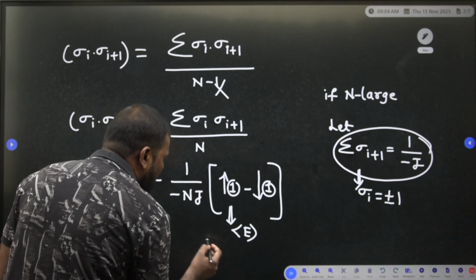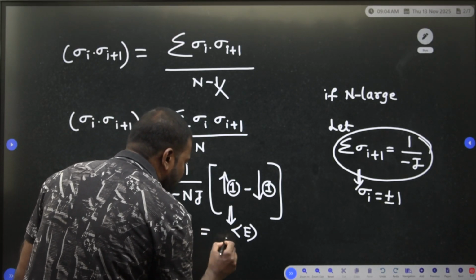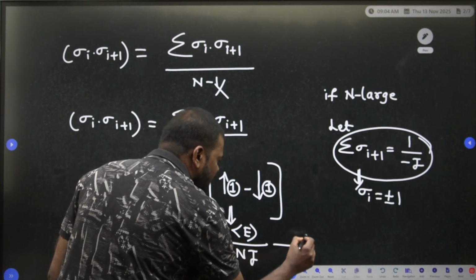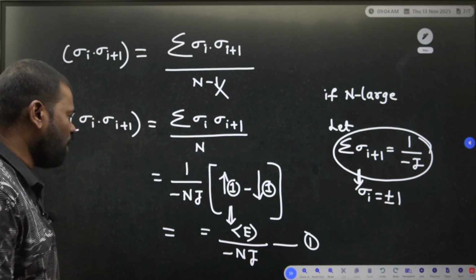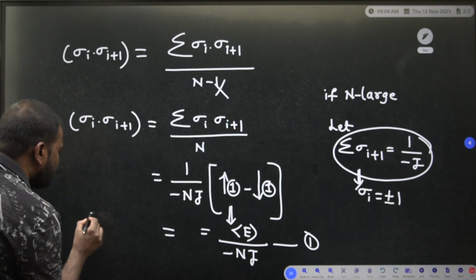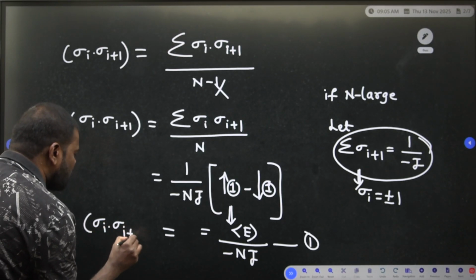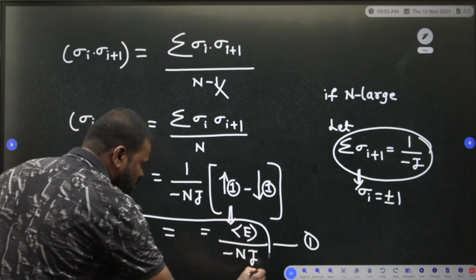Therefore, it is the average energy divided by minus nJ. This is equation number 1, which equals the correlation sigma i dot sigma i plus 1. Clear?